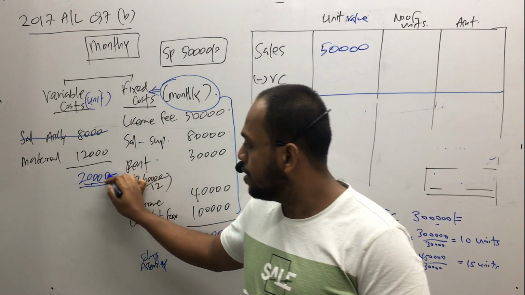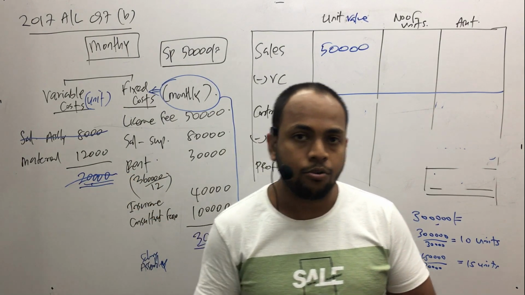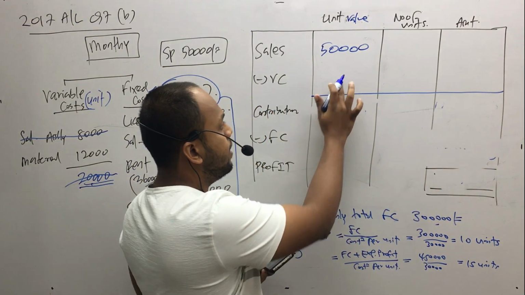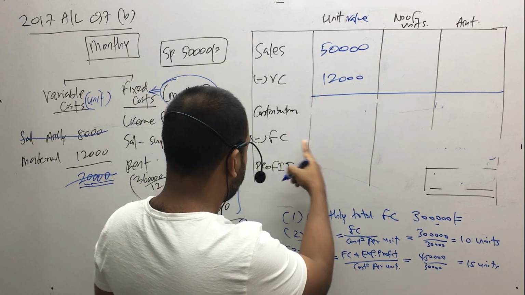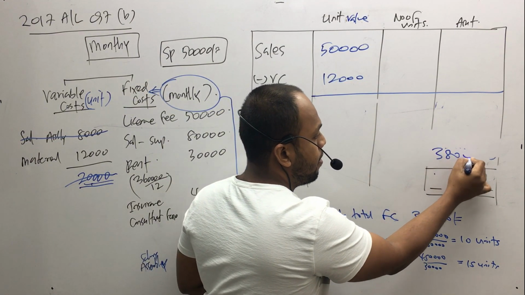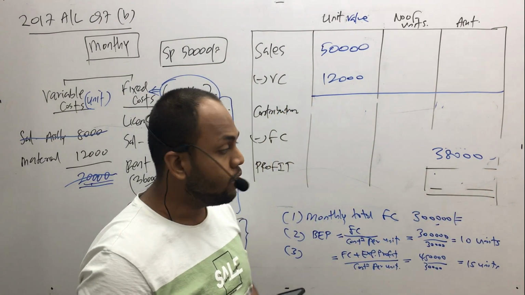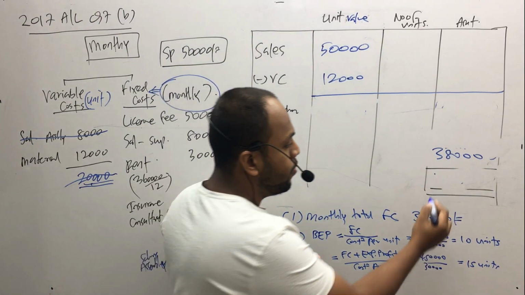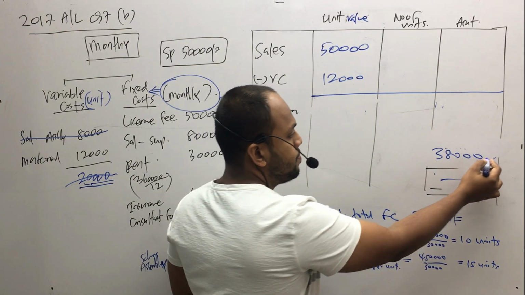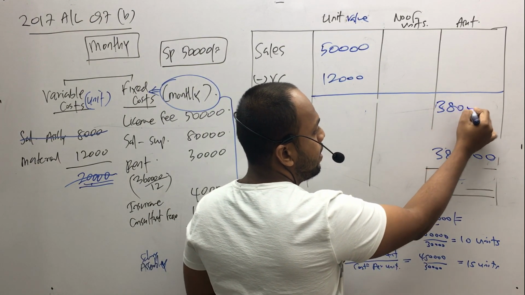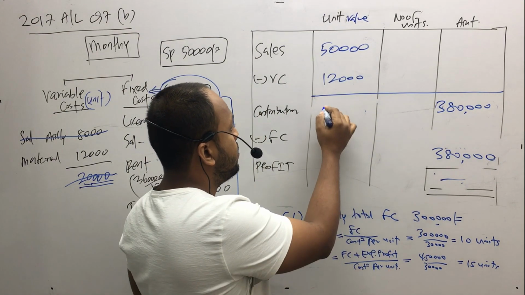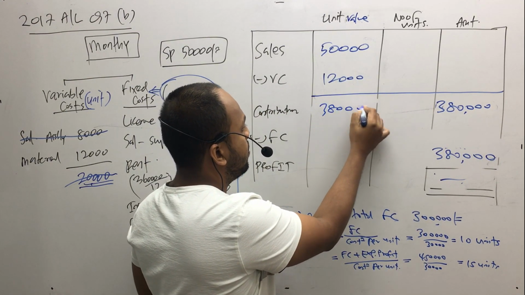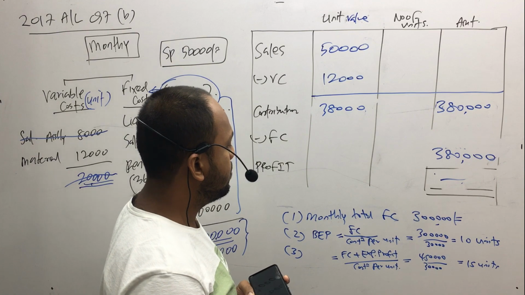Then now your fixed cost is 380,000 and variable cost is 12,000. So take that value here. Variable cost is 12,000, fixed cost is 380,000. So now what is your break-even point? To have zero profit, you need to have 380,000 total contribution, and this is 38,000.